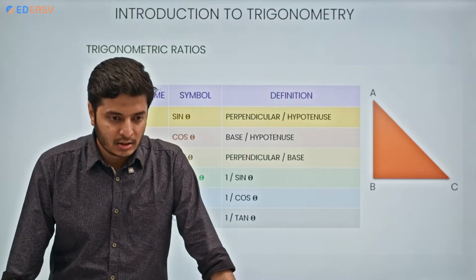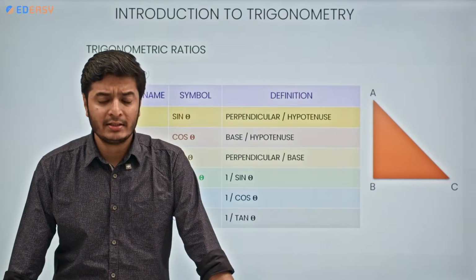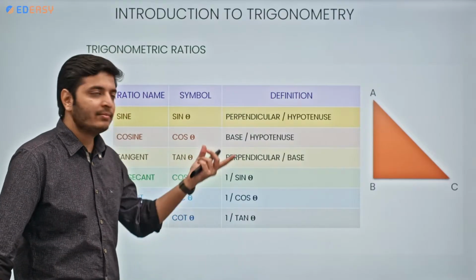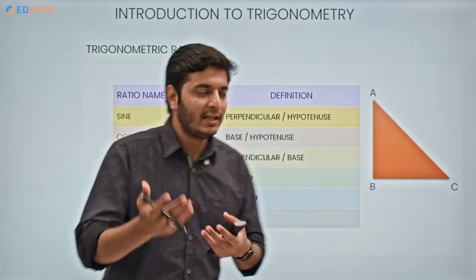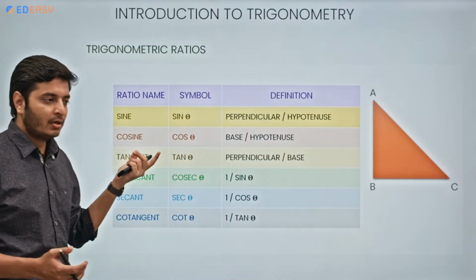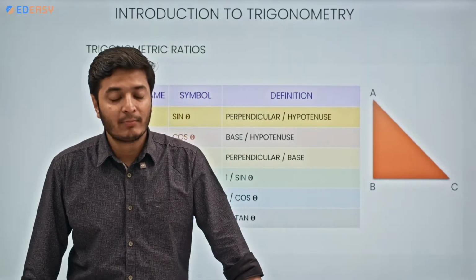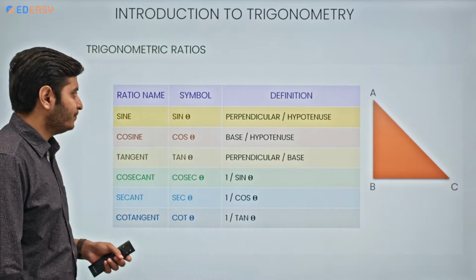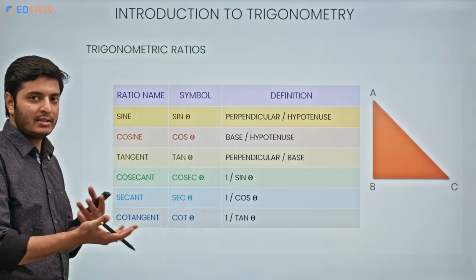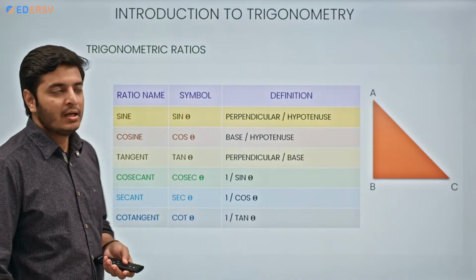In Sanskrit, they are known as Jaya, Trijya, words like these. Later on, they named it sine. But according to Aryabhatta, it is Jaya, I guess, if I'm not wrong. But Aryabhatta was the one who gave this concept first. Then later on, they built cosine, tangent, cosecant, secant, and everything.